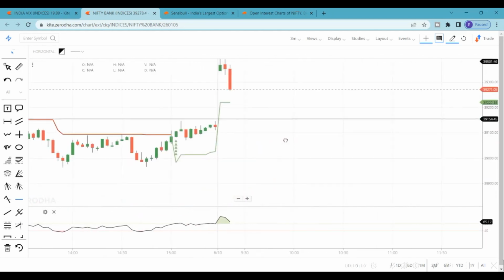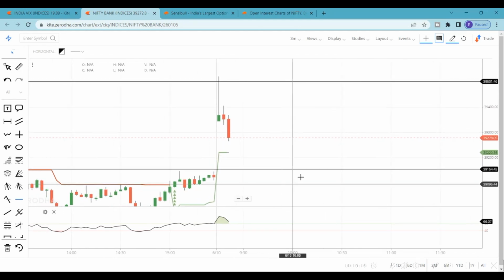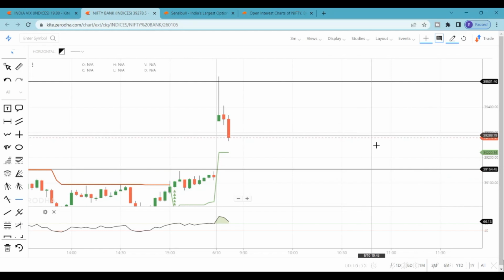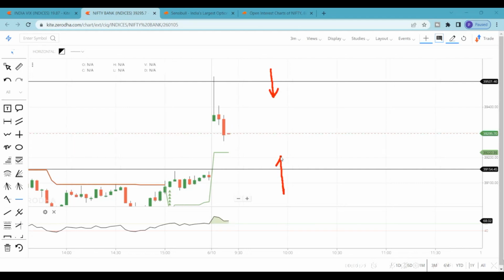So this is the range I identified for the day, and friends, let me tell you, the analysis was spot on. This was before the market itself, we found out the analysis and the levels. It is a bit high considering it's Thursday, but I'll try to reduce it as the day progresses. As of now, I can see almost close to 350 points.